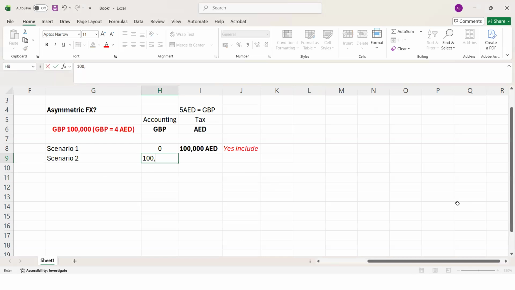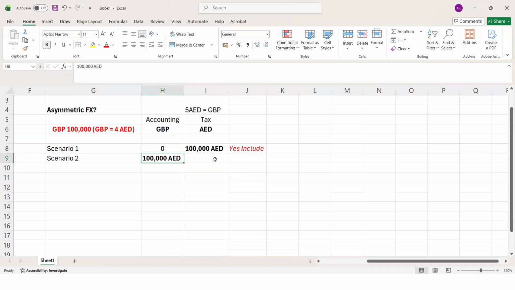In a similar way, I would have a 100,000 AED gain in my accounting, but I have nothing in tax because it is AED and AED at the end of the day. Yes or no? So in such a scenario, do not adjust. Do not adjust.